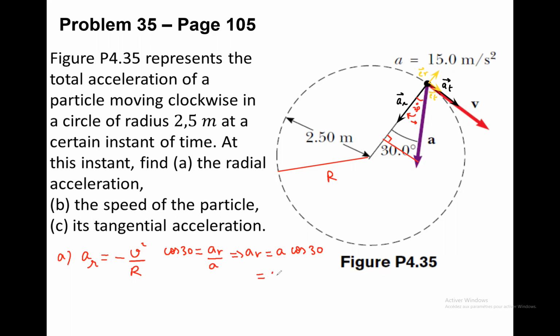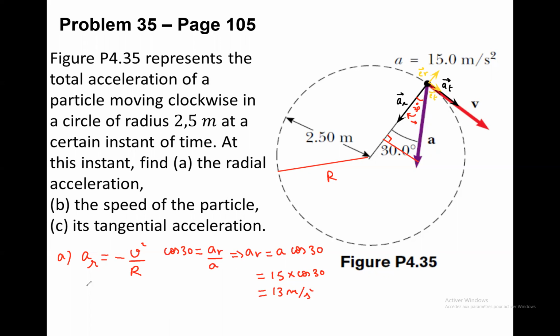A radial equals 15 times cosine 30. You can use your calculator to calculate this. The final answer will be 13 m per second square. Good, this is the answer.